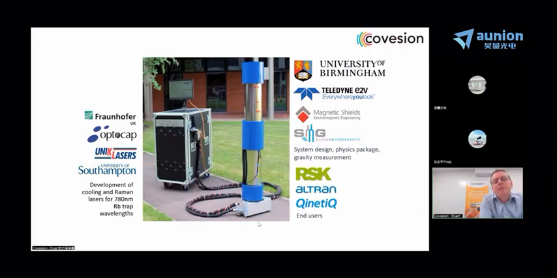On the left-hand side of the picture there, you've got the control systems, the control electronics, the laser source, and it's all delivered through the flexible cable. This project has been so successful that one of the partners, the University of Birmingham, has now set up a spin-out company specifically to further develop this technology and commercialize it.